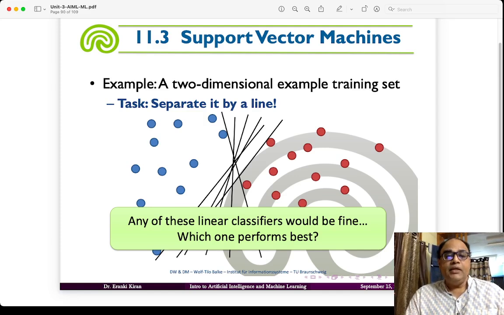Ideally, the distance between the blue dots and the red dots is clearly demarcated into two separate classes, but that's not the situation in the real world, because the data is spread all over and you have a non-uniform distribution of data.